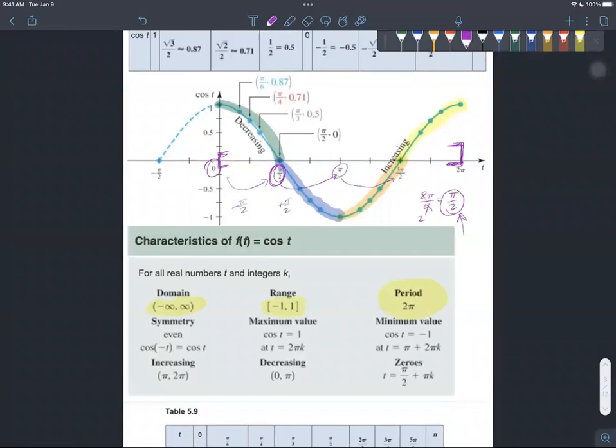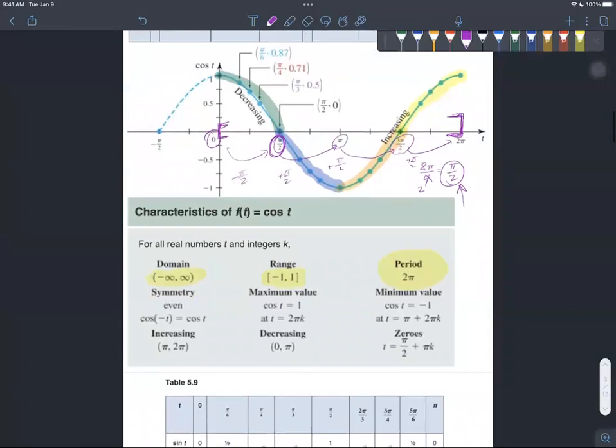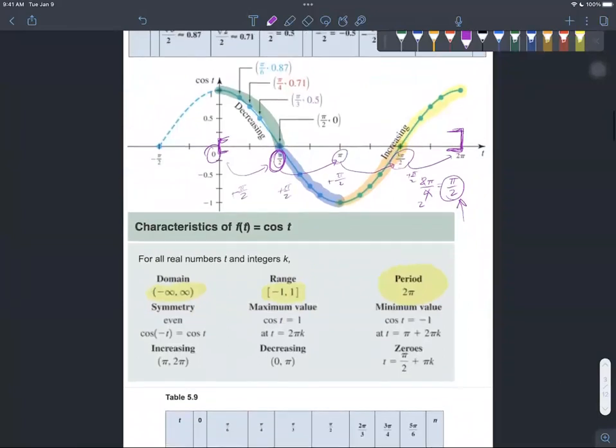Pi over 2 radians later, we reach another 0. And then pi over 2 radians later, we reach a maximum and we start all over. Okay, so this is the idea that we're going to use to graph cosine.